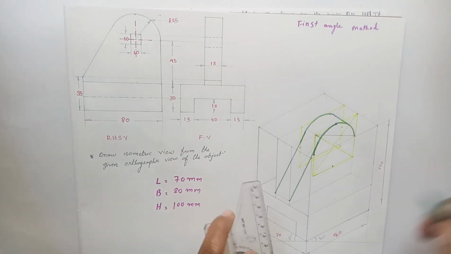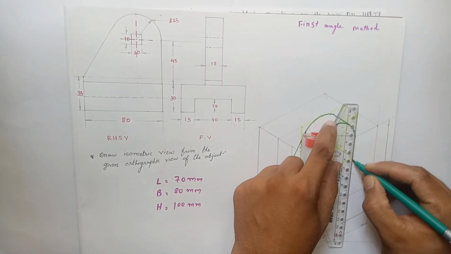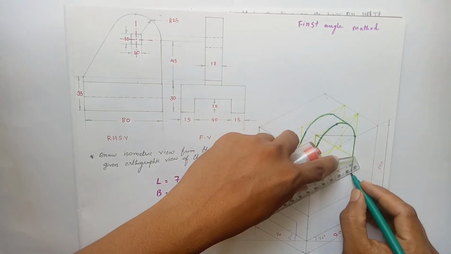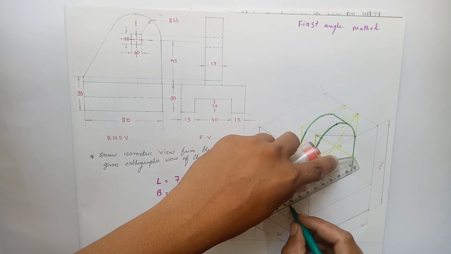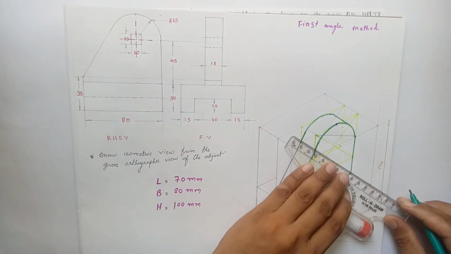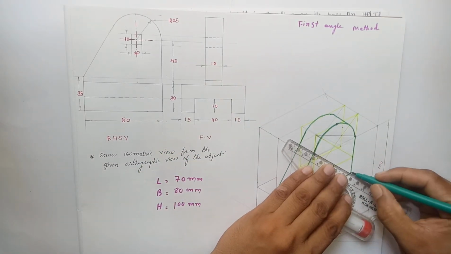Complete this part. Now draw the dark outlines. This outline will be dark.